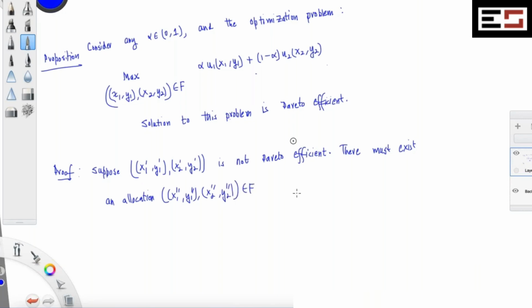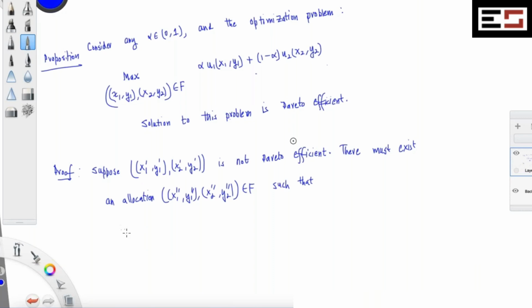Okay, so there must exist some feasible allocation like this, such that if you compare this allocation with this particular allocation, so let's call this the prime allocation, and let's call this the double prime allocation, then moving from the prime allocation to the double prime allocation will make at least one of the consumers better off without making the other one worse off. Okay, so how do you write that?